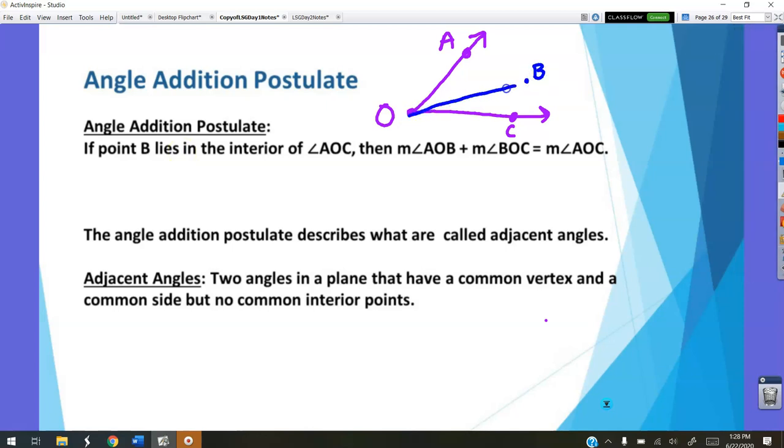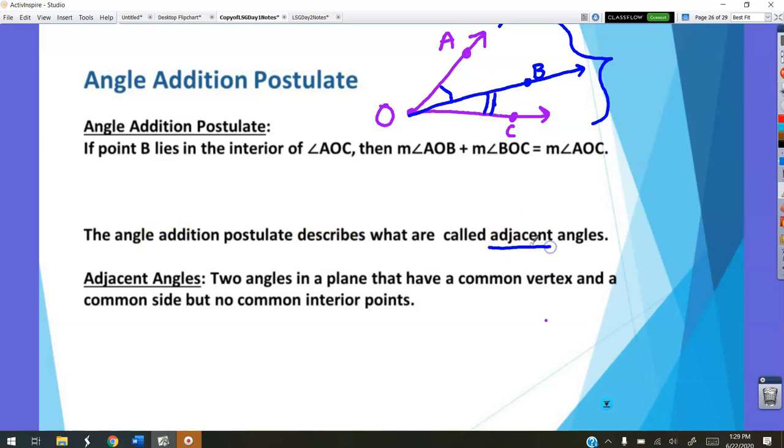If I were to draw this ray, then if I add the measure of AOB, here's AOB, this angle, with BOC, that angle, we use arcs to delineate between different angles. If I added those two, I should get the huge big angle, which is all of that, right? Okay. So we can only use angle addition when we have adjacent angles.